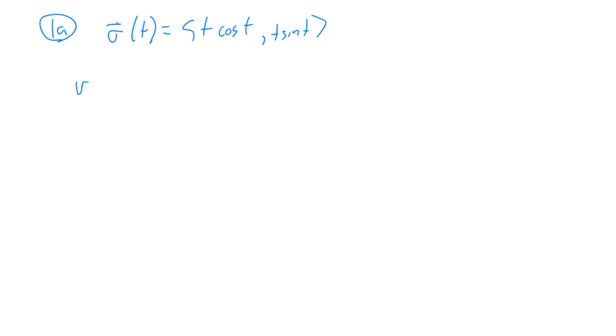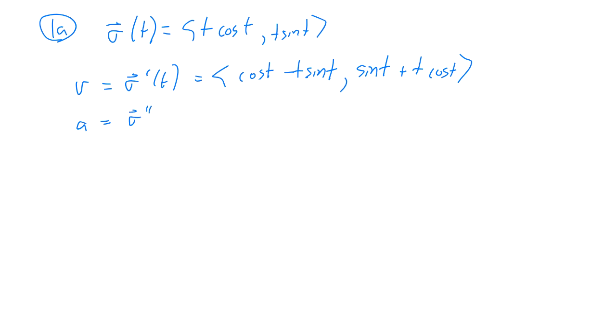So the velocity, sigma prime of t, let's take that derivative. It'll be cosine t minus t sine t, and sine t plus t cosine t. And the acceleration is given by the second derivative. So that'll be negative sine t minus another sine t minus t cosine t.